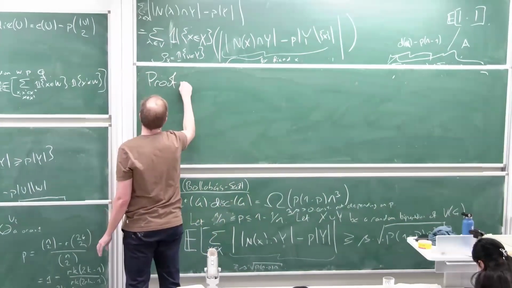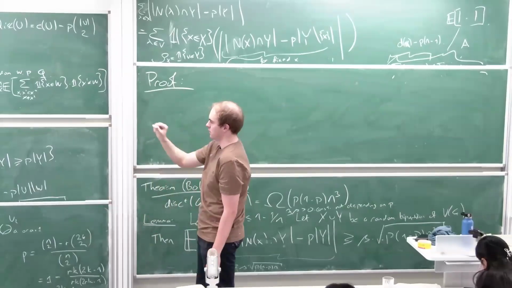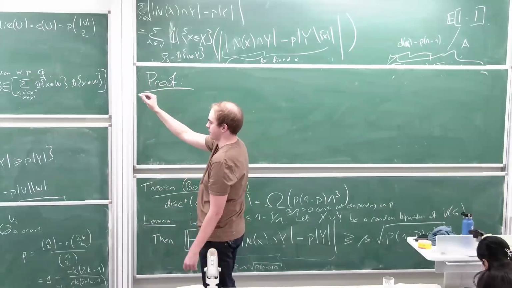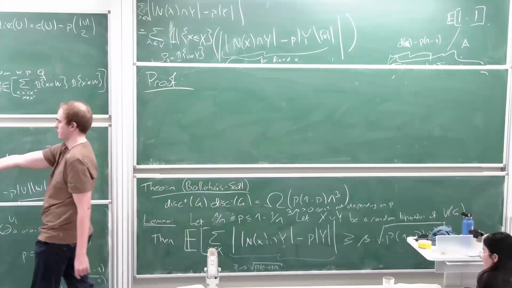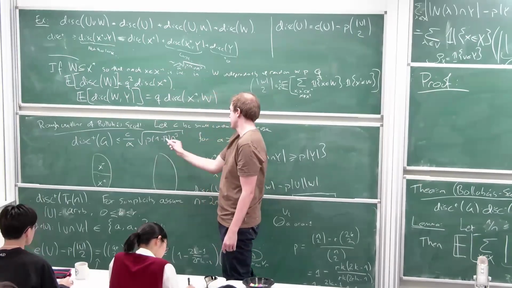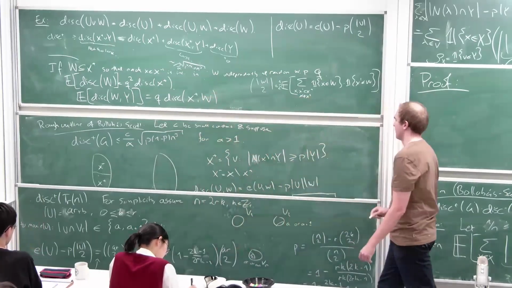Okay, so let me now write the formal proof. So suppose these assumptions I wrote earlier hold. So positive discrepancy is at most c over alpha times this guy, and beta is the constant given in the lemma.